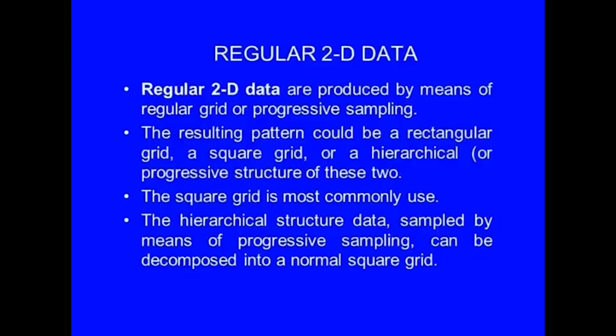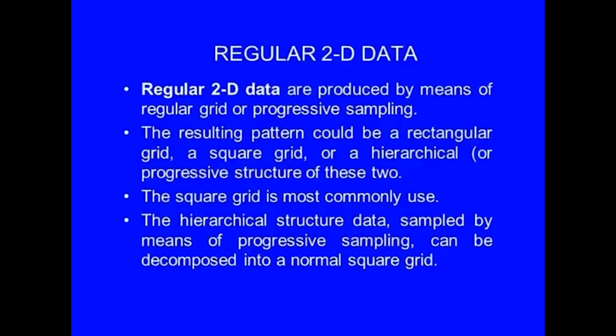The next data set is the regular 2D data. The regular 2D data are produced by means of regular grid or progressive sampling. The resulting pattern could be a triangular grid, a square grid or a hierarchical, that is progressive structuring of these two. The square grid is most commonly used.